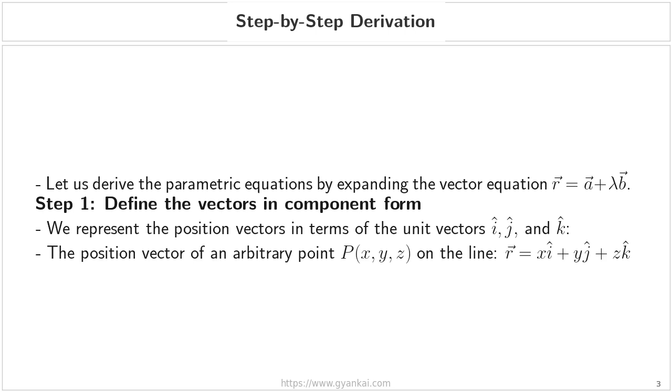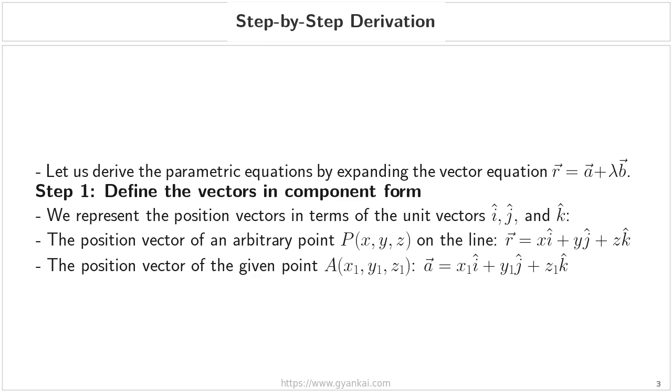First, let's represent the position vector of any arbitrary point P with coordinates x, y, and z on our line. We write this as r equals x i hat plus y j hat plus z k hat. Next, we do the same for our fixed starting point, point A, which has the coordinates x sub 1, y sub 1, and z sub 1.